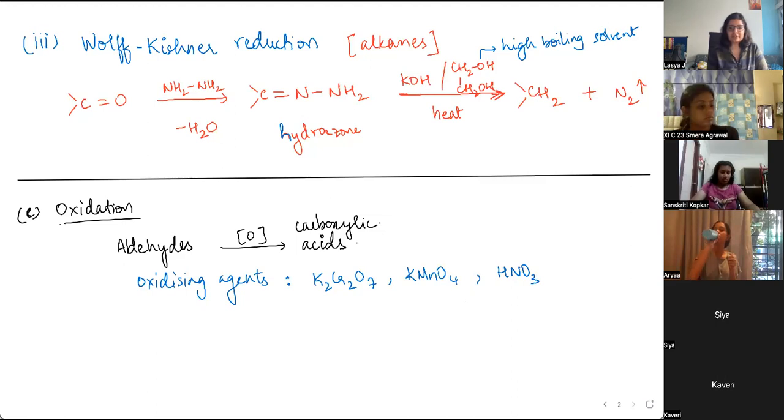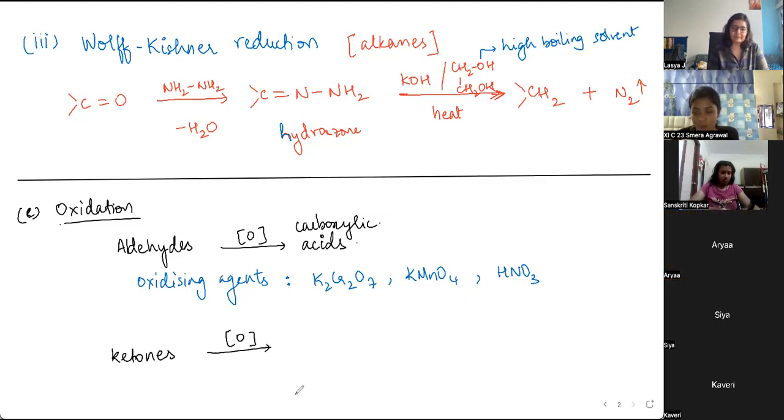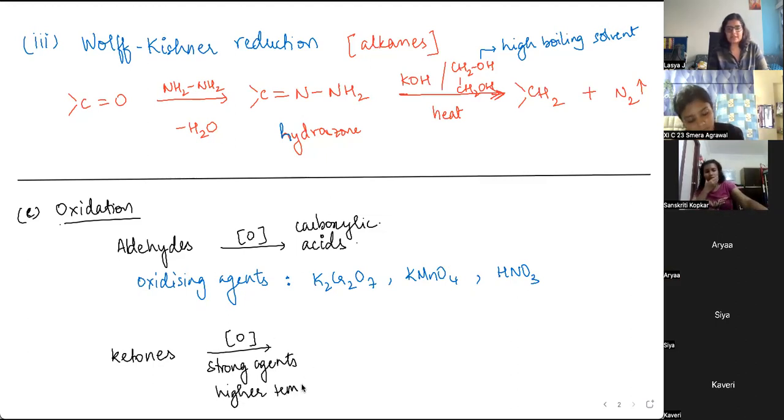But when it comes to ketones, if you're trying to oxidize ketones, we'll require a strong oxidizing agent like KMnO4 to convert it into an acid. We need strong agents, and we also need a higher temperature than normal, compared to aldehydes. And what acids are you going to get from ketones?